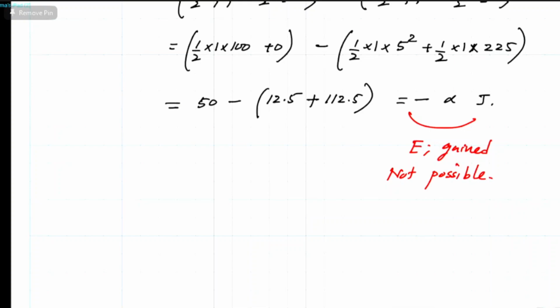So what is the problem there? What is the problem? Energy gain cannot happen. Our math, methodology, theory, everything is fine.